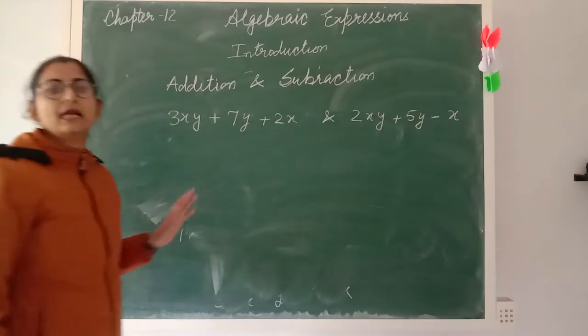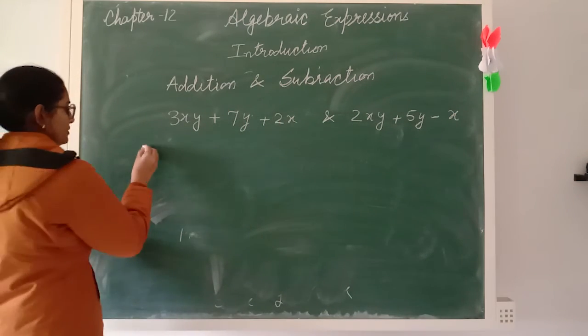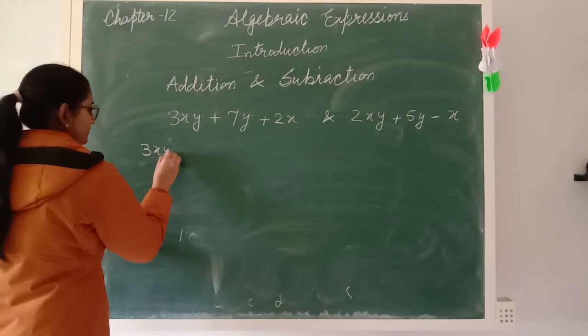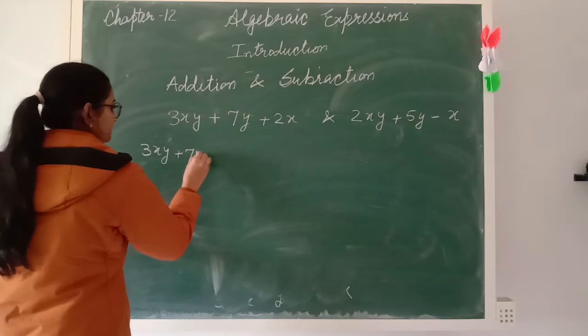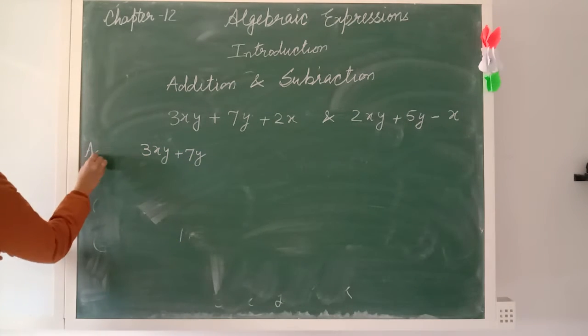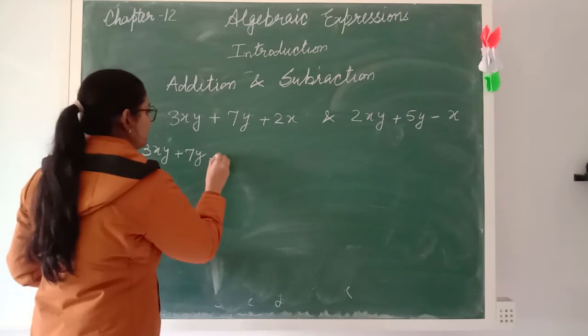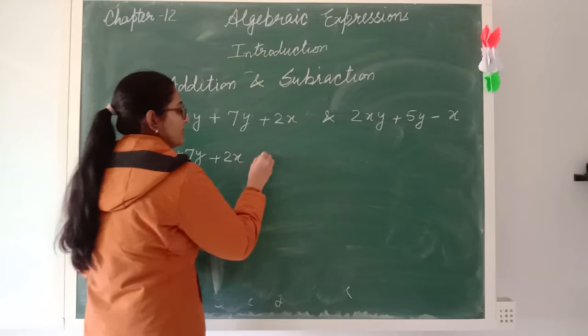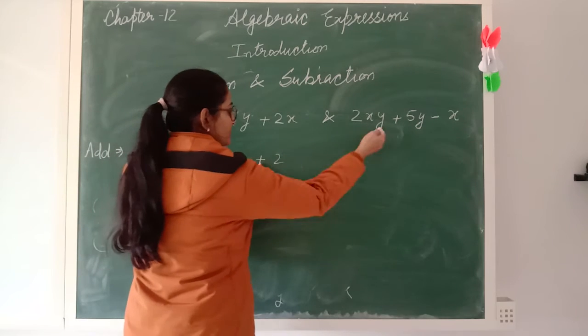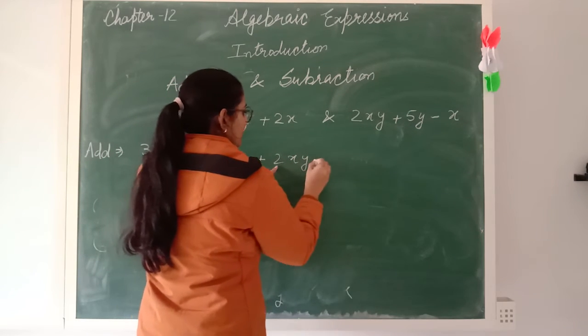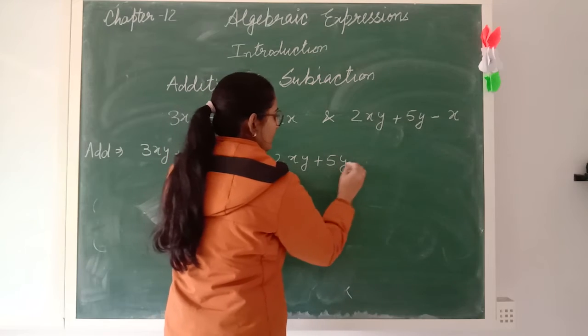We have to add these two expressions. The first case is addition. So add 3xy plus 7y plus 2x and plus the next expression, 2xy plus 5y minus x.